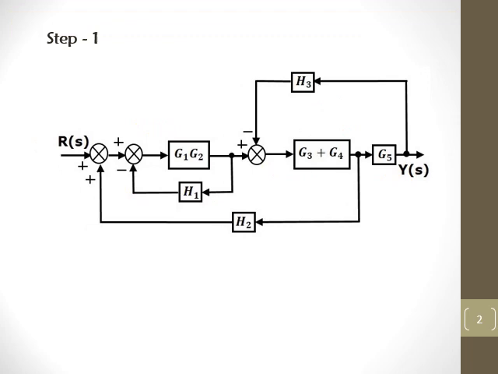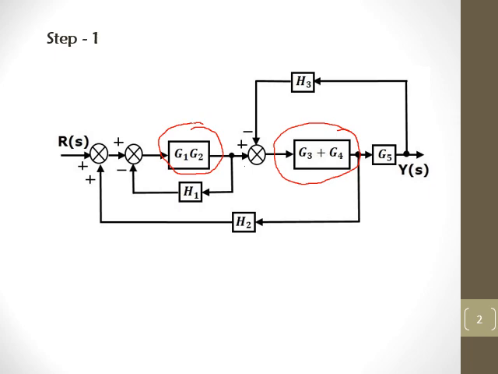Look at this step number 1. In the previous block diagram, I showed you the two blocks G1, G2. These two are connected in series, so the resultant is G1 G2. And two parallel paths are reduced so that it will be G3 plus G4.